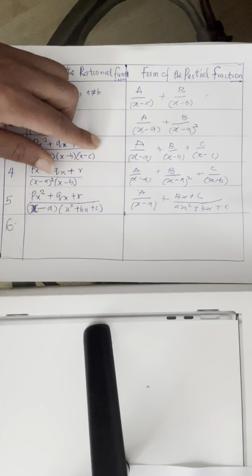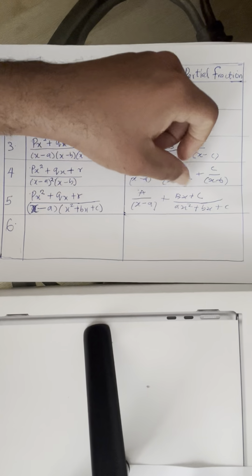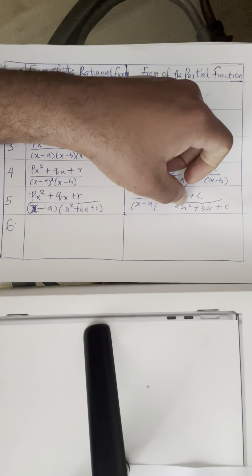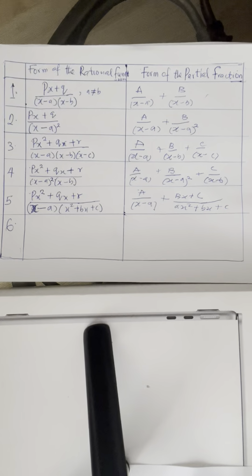So bear in mind, once you express the denominator here as ax squared plus bx plus c, the numerator must take a linear factor in the form of bx plus c.